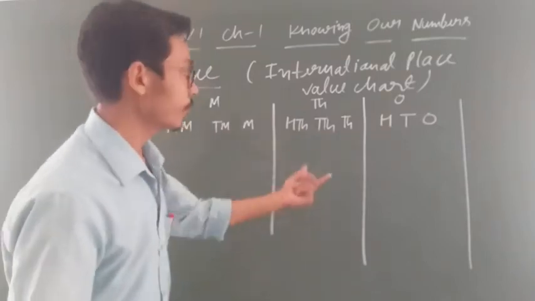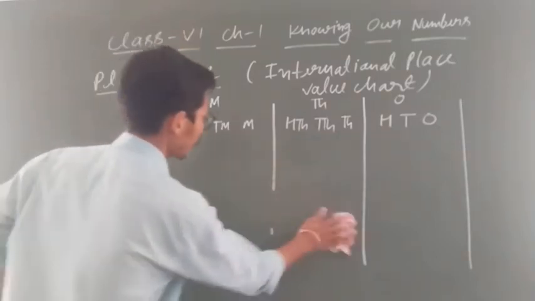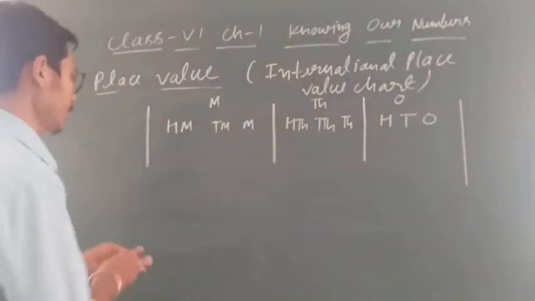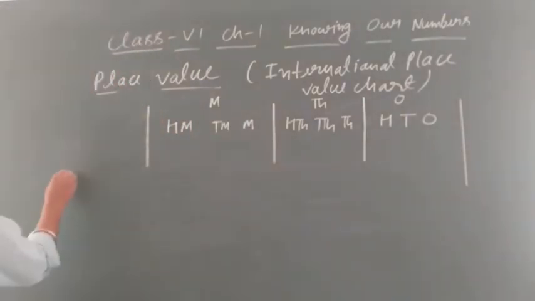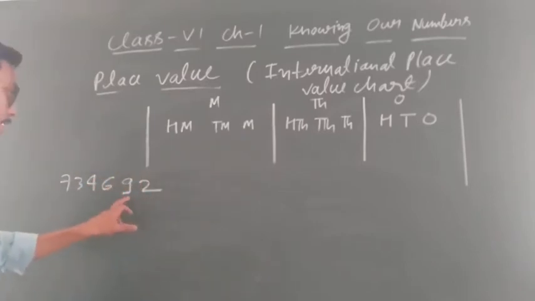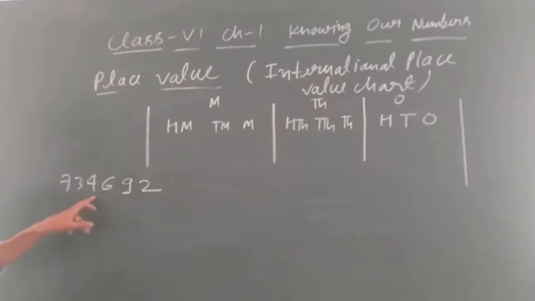Now if you have to put digits here, for example, I am going to take the number 7 3 4 6 9 2. Once, tens, 100, 1000, 10,000, then 100,000.